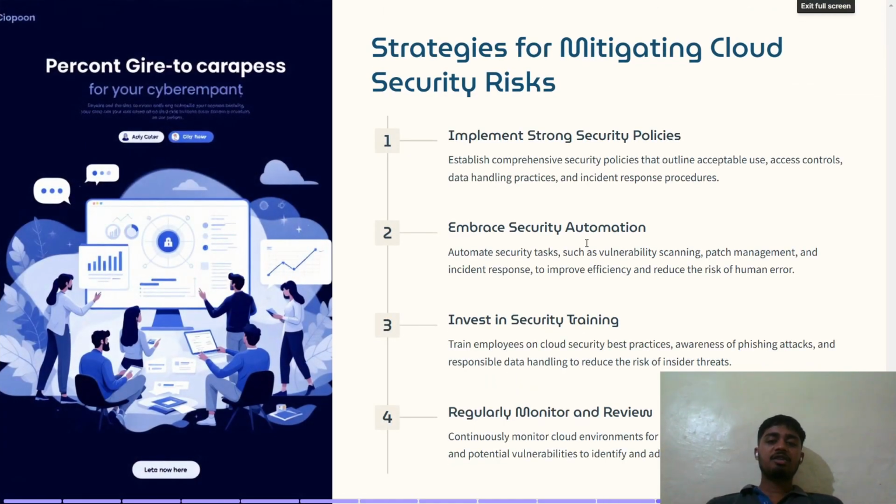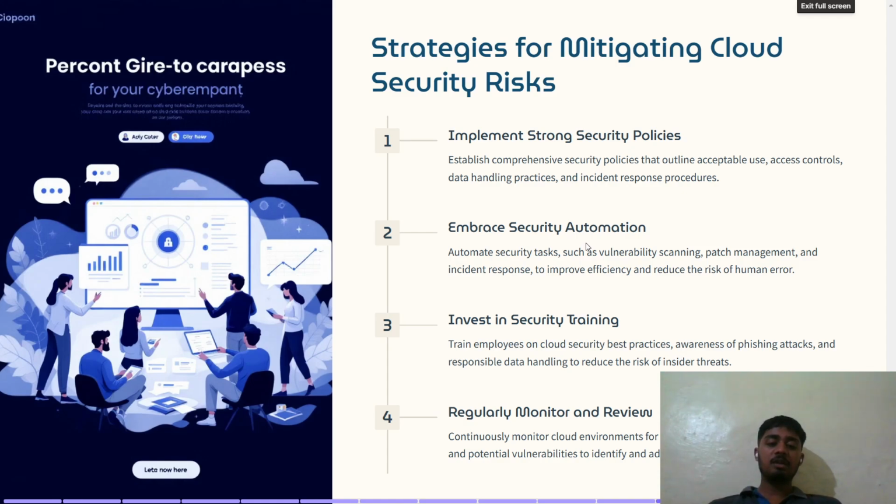Now, these are all the strategies for mitigating or preventing cloud security risk. The first one is implementing strong security policies, by establishing policies that outline acceptable use, access controls, data handling practices, and incident response procedures. Embracing security automation: automating security tasks such as vulnerability scanning, patch management, and incident response can reduce the risk of human error. Invest in security training.